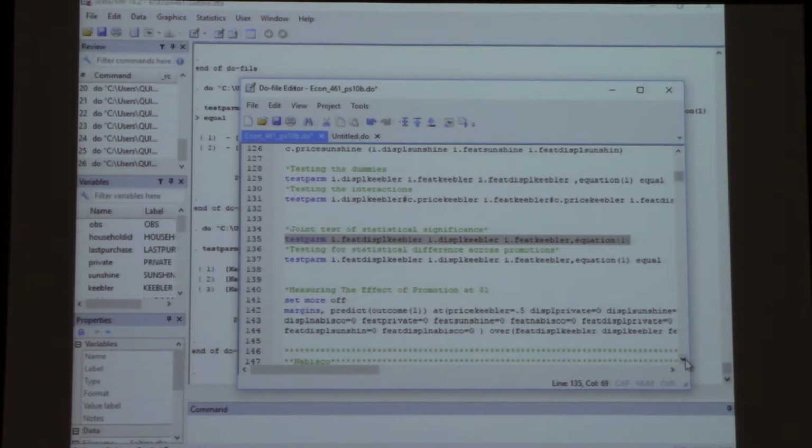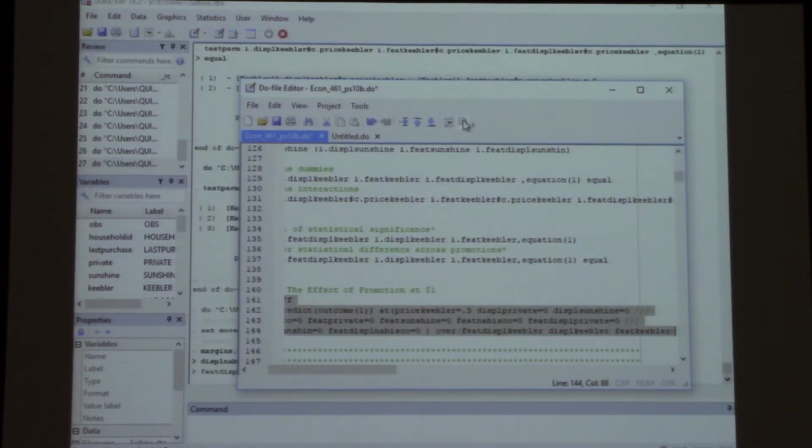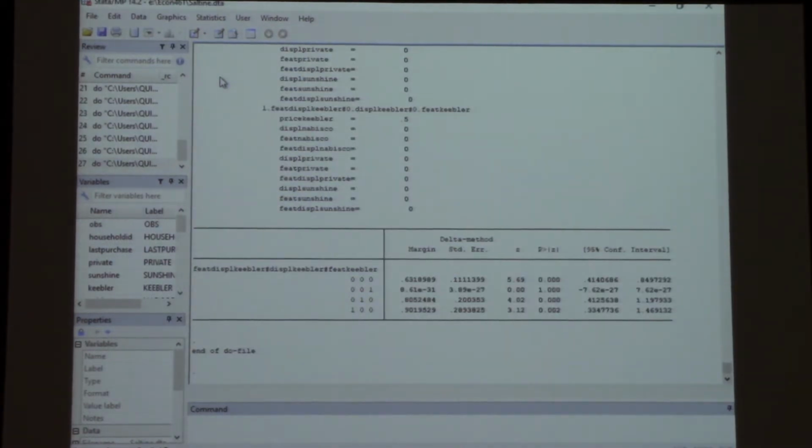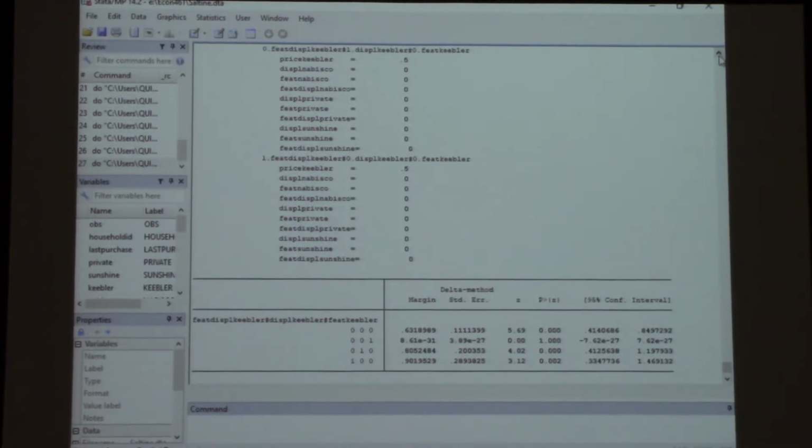What are we doing here? I'm evaluating this at, it says $1, but that says 50 cents. So this is at 50 cents. I don't even know what the command was. Was this margins or marginal effects?